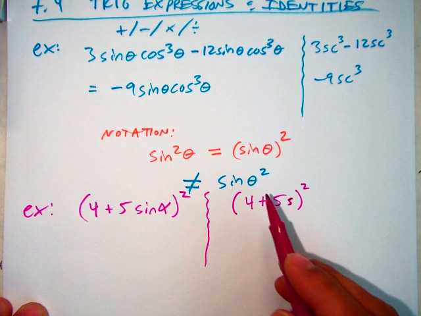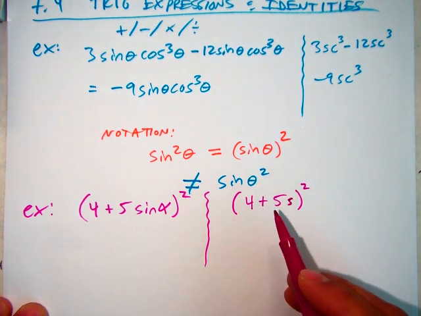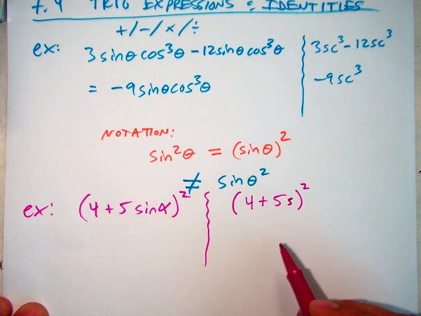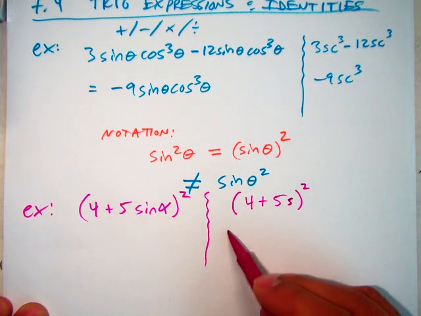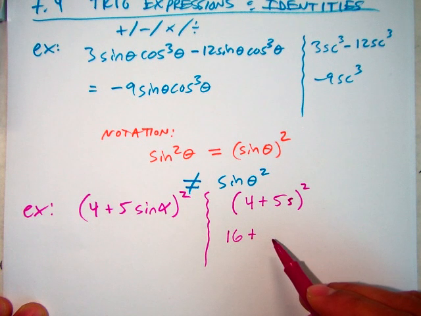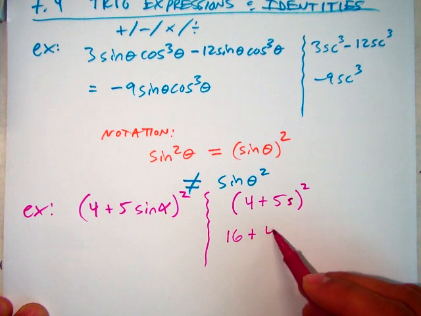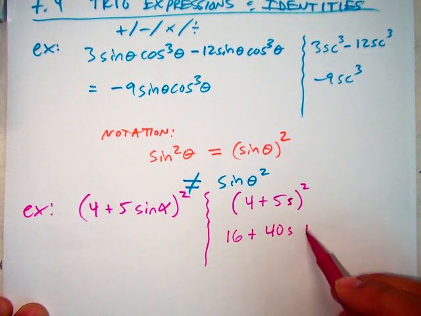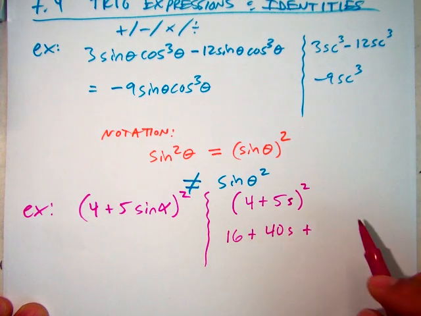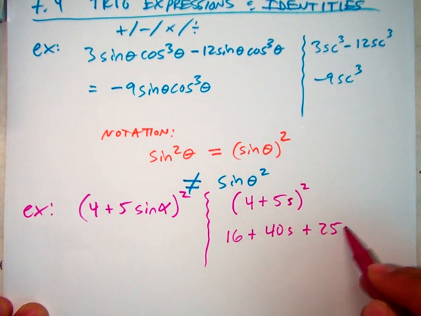Do you guys know how to do this expression? Yeah. You should say, yeah, that's easy, right? Either FOIL it out or do the shortcut. If you do this, you get 16 plus, what's the middle term? 40s plus 25 squared.